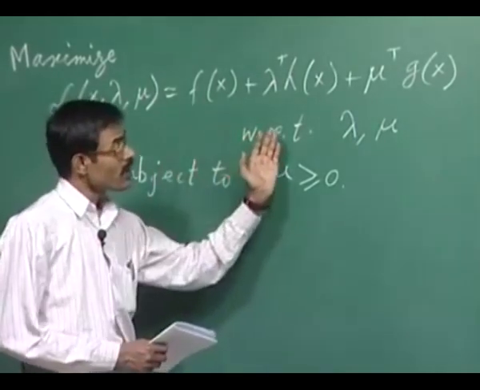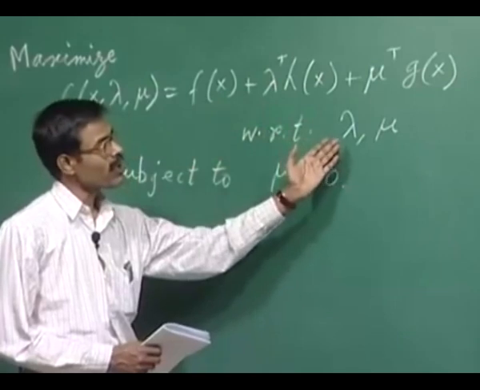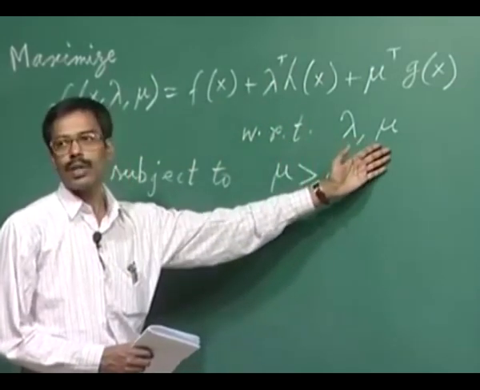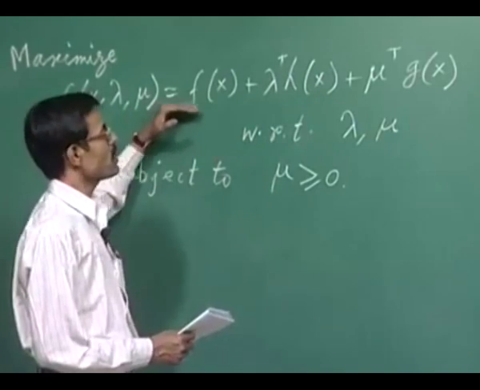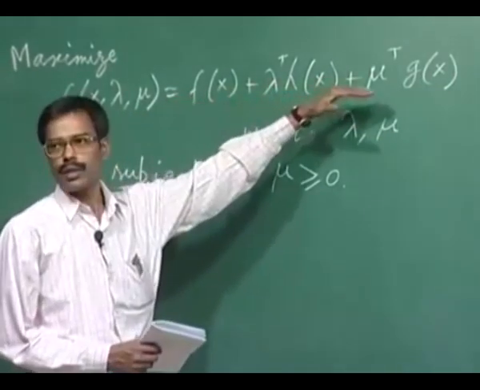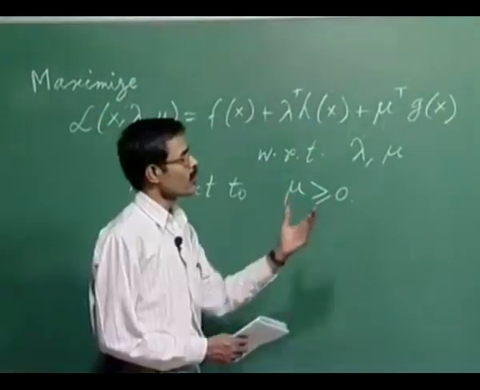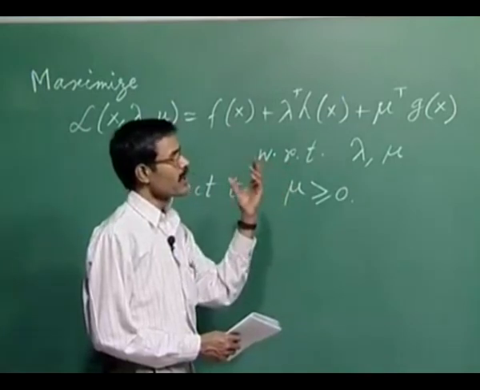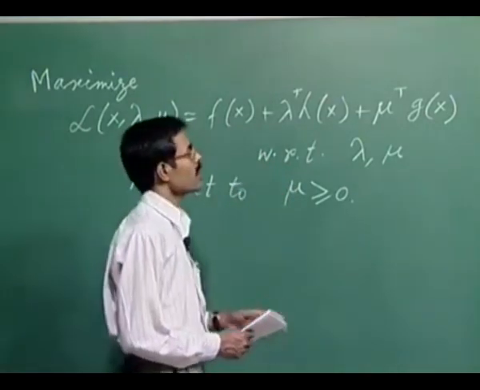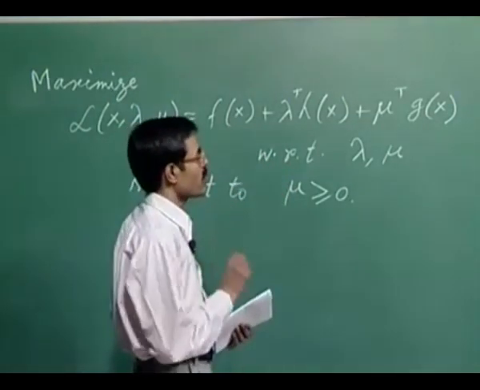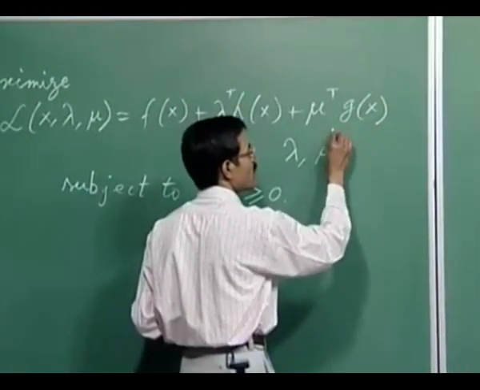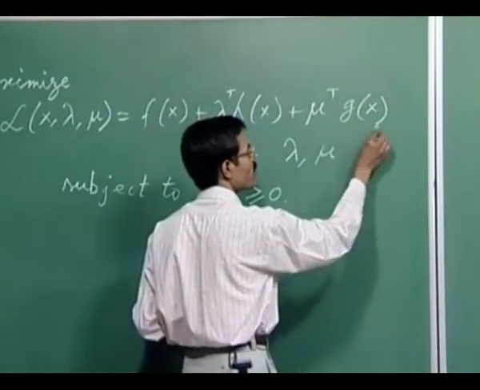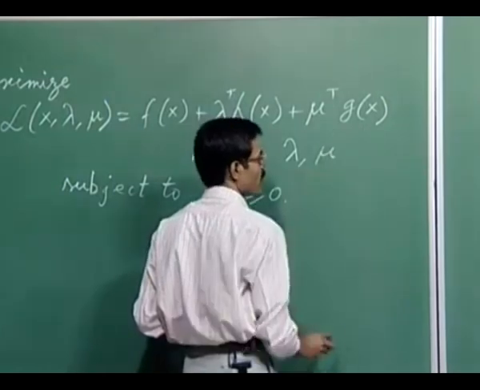when we try to maximize this function with respect to lambda and mu for a given x, that is, for a given x, we try to maximize it with respect to lambda and mu. Now, if the given x is such that at that value of x, one of these inequality constraints turns out to be positive, one of these functions turns out to be positive.